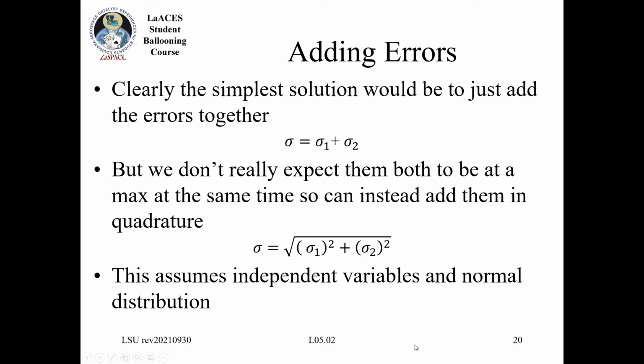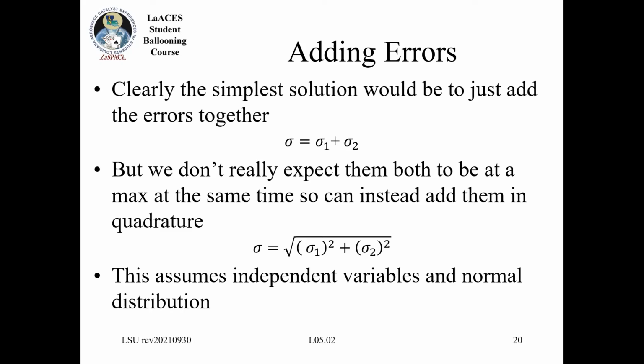So the general practice is to use this particular form of addition. That's called adding in quadrature. All it means is you square the two errors, add them together, and then take the square root. Now, there is a strict mathematical justification for this that you could prove.